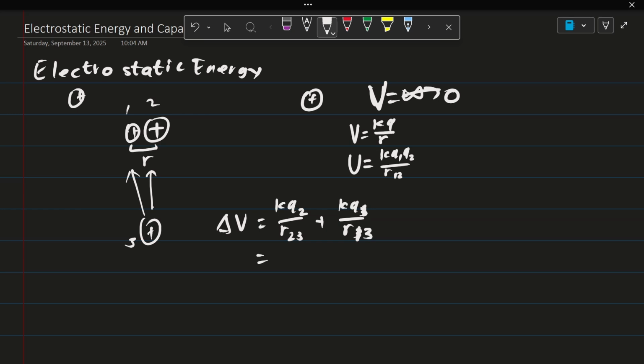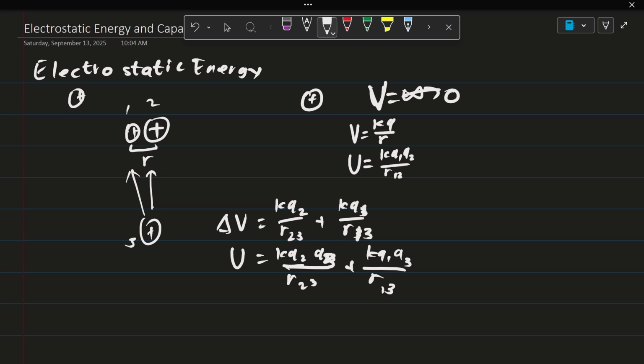So therefore, I could write this change to be KQ3 over R23 plus KQ3 over R13. So this is pretty much the potential energy that you get just by multiplying it by the charge, and so you could determine the original potential energy.